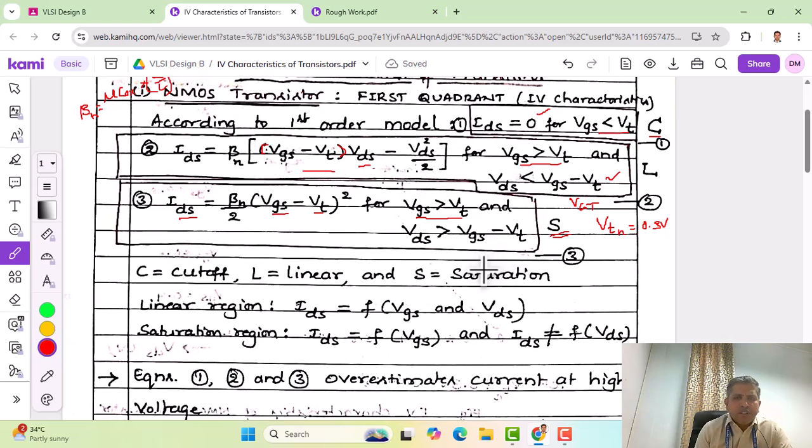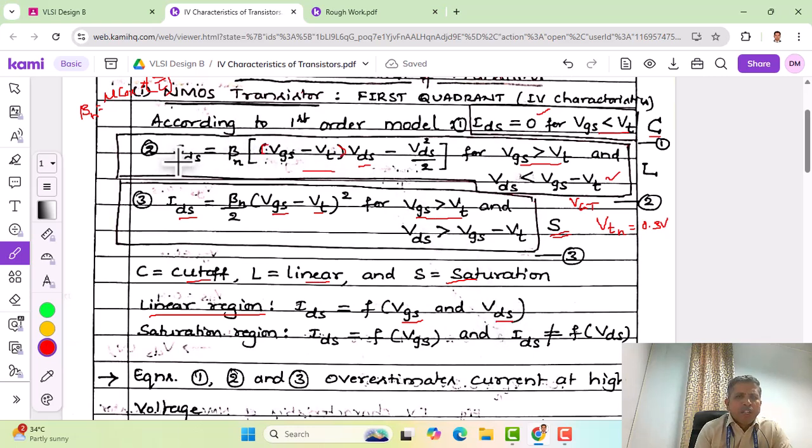Okay. So now let us do a little bit of analysis before we go to the drawing of characteristics. As we already said, uppercase C stands for cutoff region, L stands for linear region, and S stands for saturation region. And let us see, as per this equation, the dependence of drain to source current on voltage. Specifically in the linear region, if we observe this linear region current equation, the drain to source current IDS is a function of gate to source voltage and drain to source voltage.